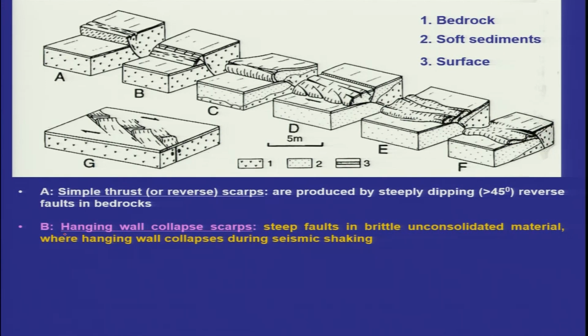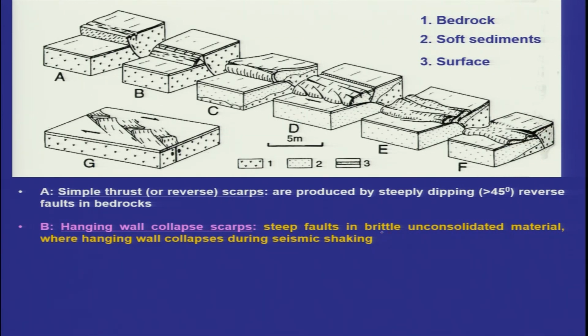Okay, so B is the hanging wall collapse scarp. Okay, so you have the displacement coming up, and then you have the material which got collapsed. So scarp material is collapsing.